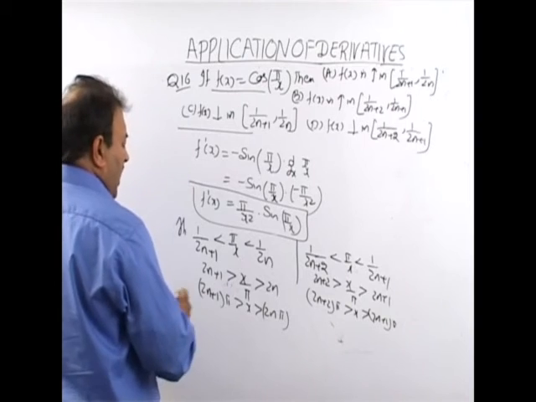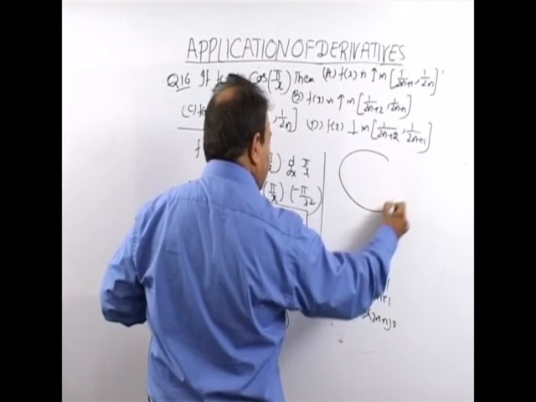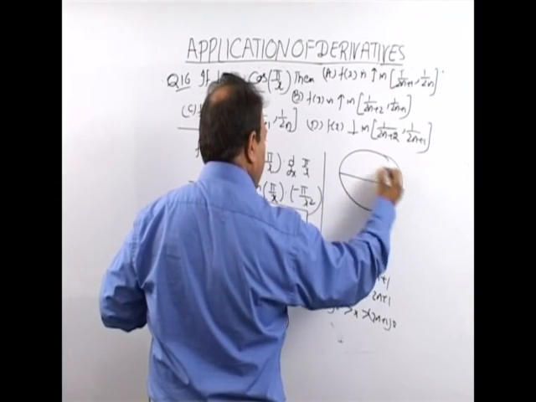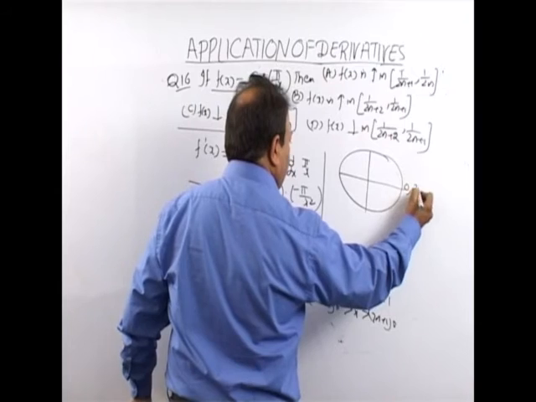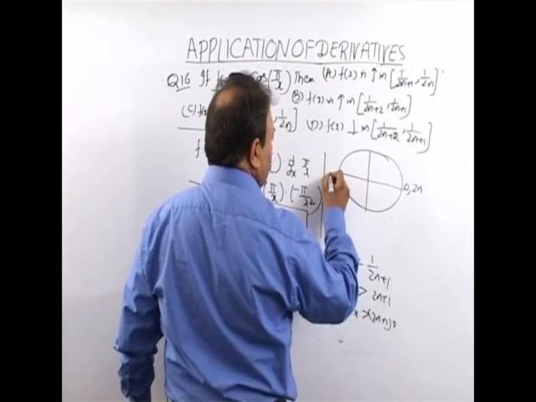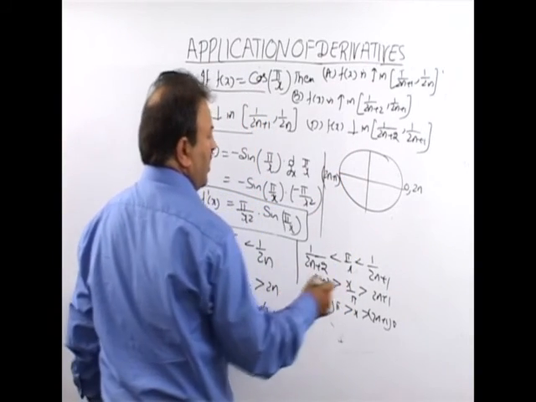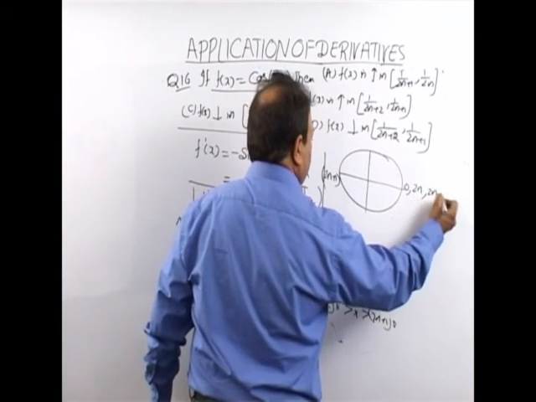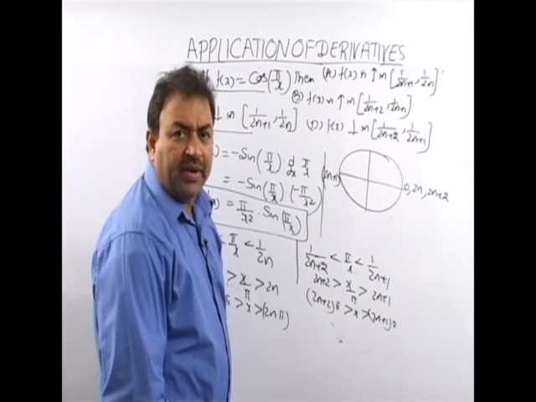Now I can say this is our circle, I just draw it. This is 0 or I take it 2n, this is 2n+1, and 2n+2 will again come out to be here.